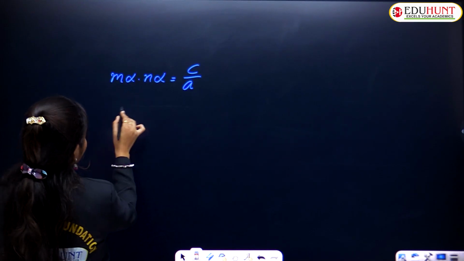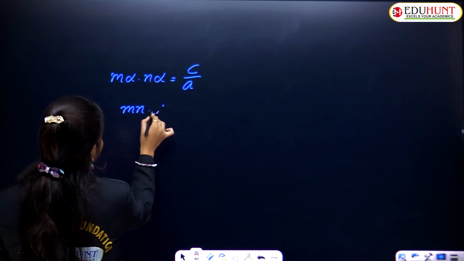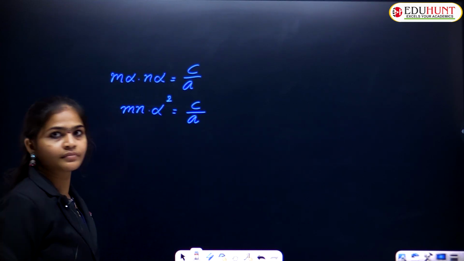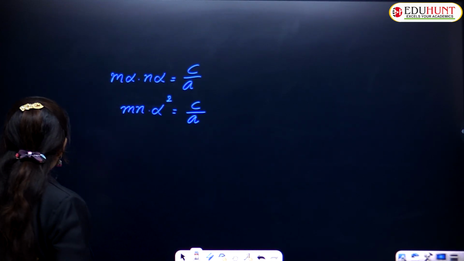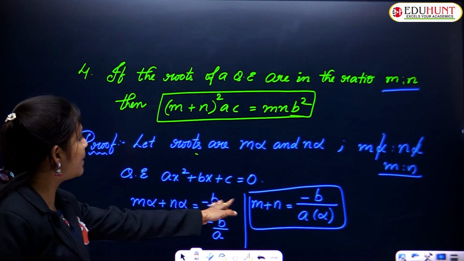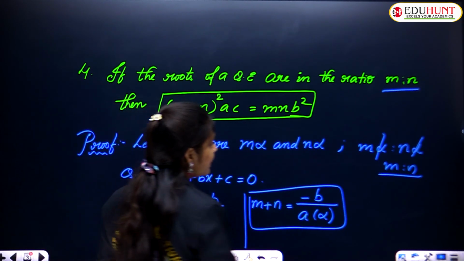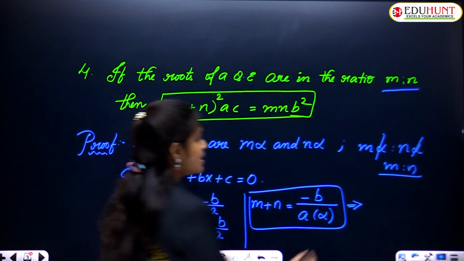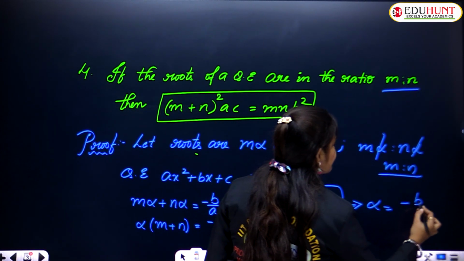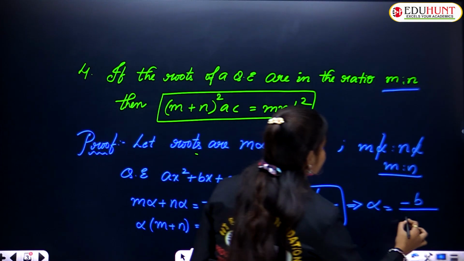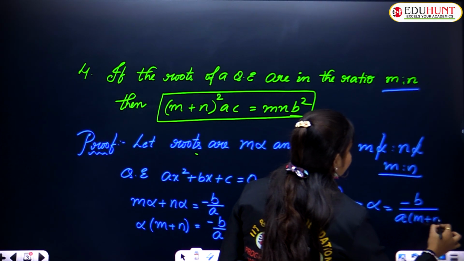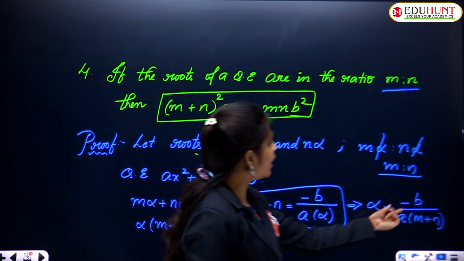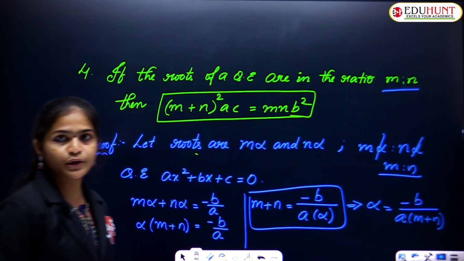From the earlier result, m plus n is equal to minus b by a alpha, so we can write another formula: alpha is equal to minus b by a into (m plus n).